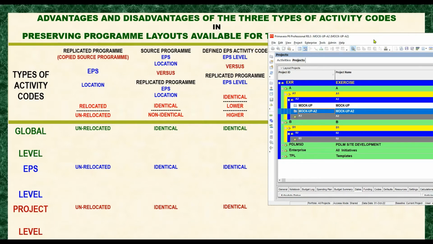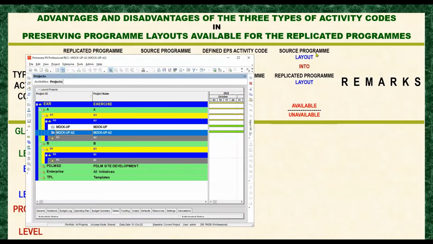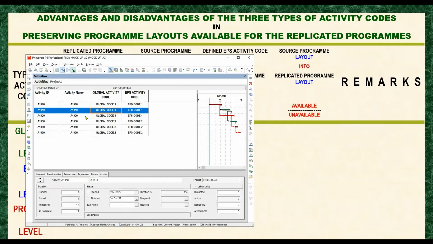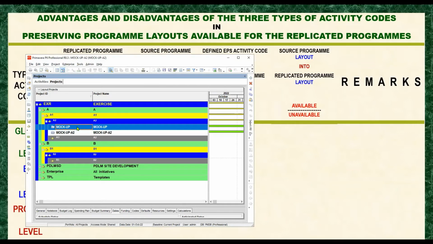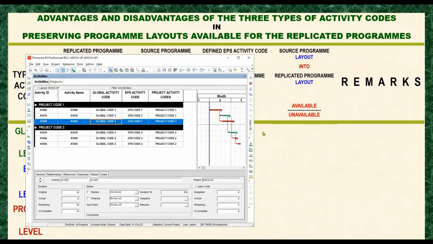Okay, let's go here for the source layout. This is what I was talking about a while ago, that the layout of the source program, let's open the layout of our source program, contains the complete activity code columns of the three types of activity codes, right?